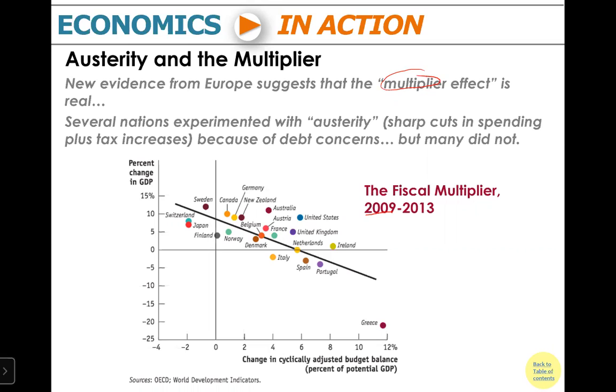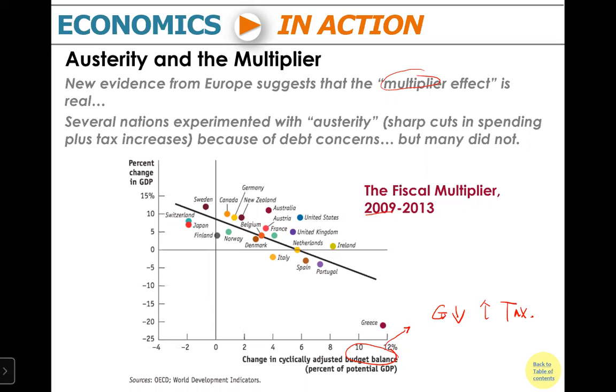So on the horizontal line, we have change in cyclically adjusted budget balance. Okay. So a positive number means they have a budget surplus. But what does that mean? If you have a budget surplus, it means you must reduce government spending and increase your tax, so that you have a surplus, right?